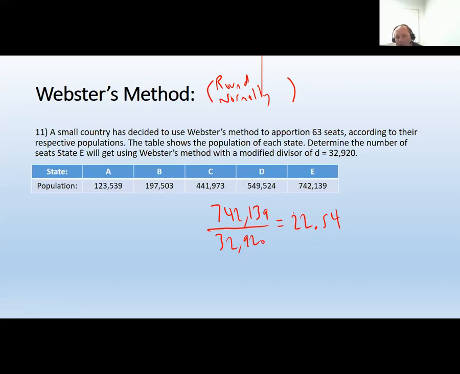The question is, which way do we go? We're going to go up to 23, because if we're rounding normally, the 5 just to the right of the decimal rounds us up to 23. All right. Does anybody have any questions?